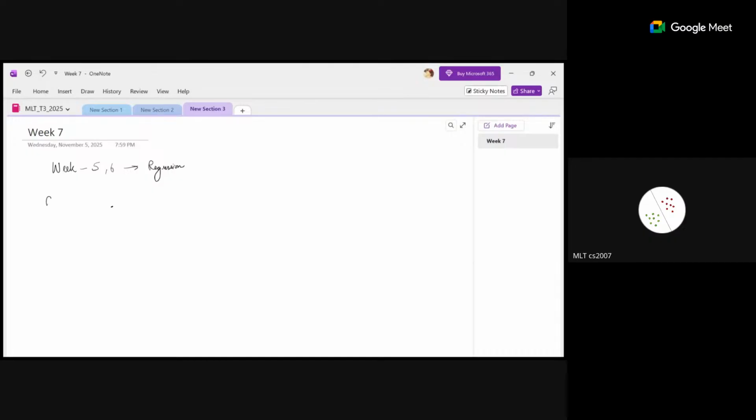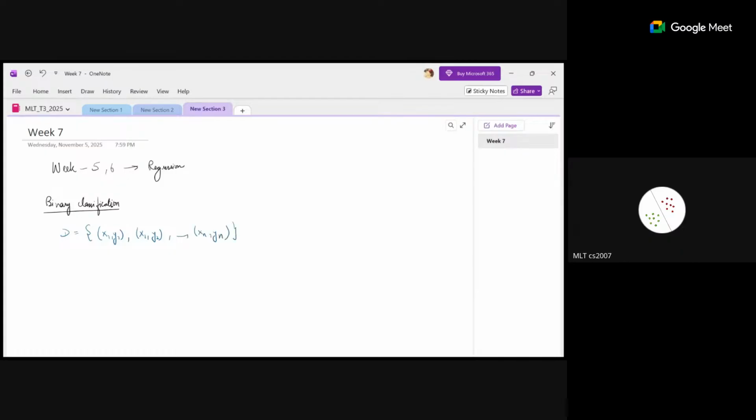So, how does the binary classification problem look like? In binary classification, the data set that we have, let's denote as D. So my D is (x1, y1), (x2, y2), and so on to (xn, yn).